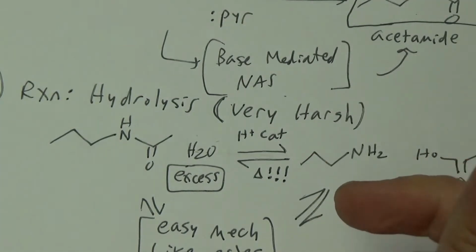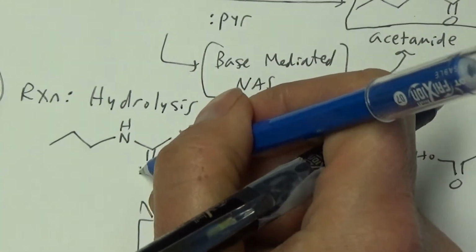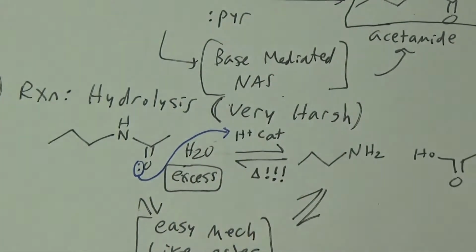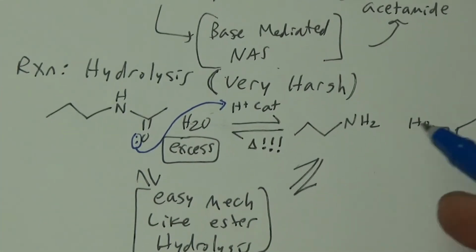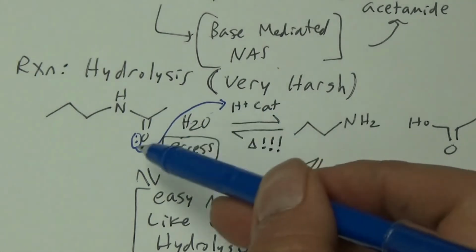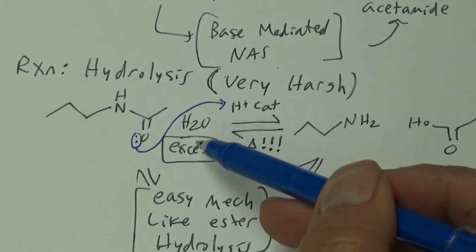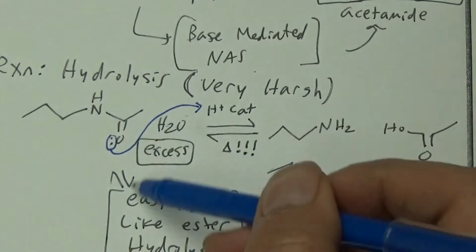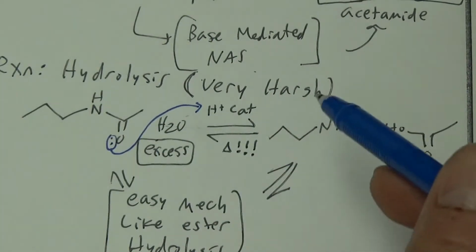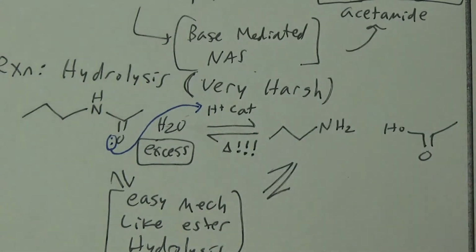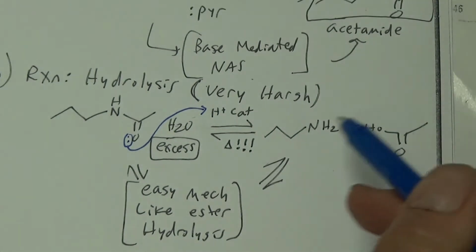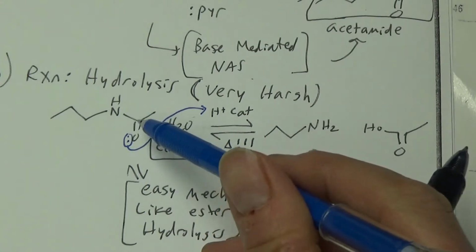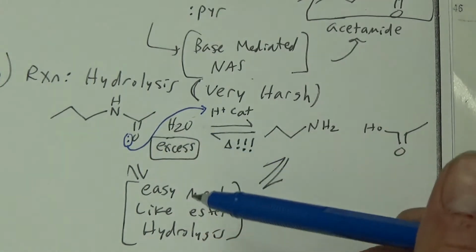Essentially, you would just start by protonating the C double bond O, and then you would make a resonance-stabilized carbocation, and then water would attack it, and then proton transfer to the leaving group. Nitrogen's going to be the leaving group, and then kind of kick it off. Nevertheless, it is a harsh reaction because of the stability of the functional group. And there's a lot of resonance stability in the amide that we talked about. Okay.